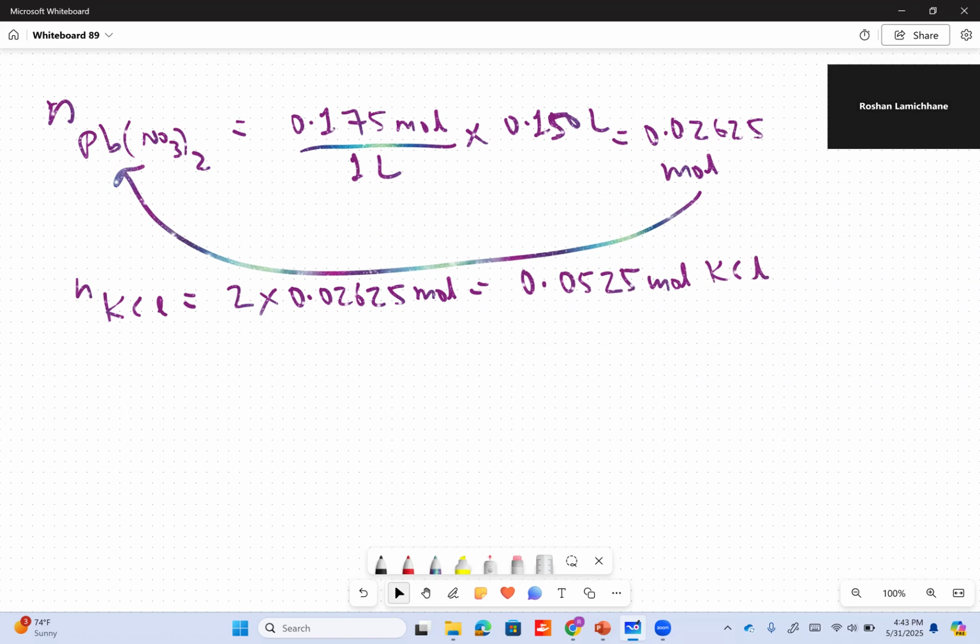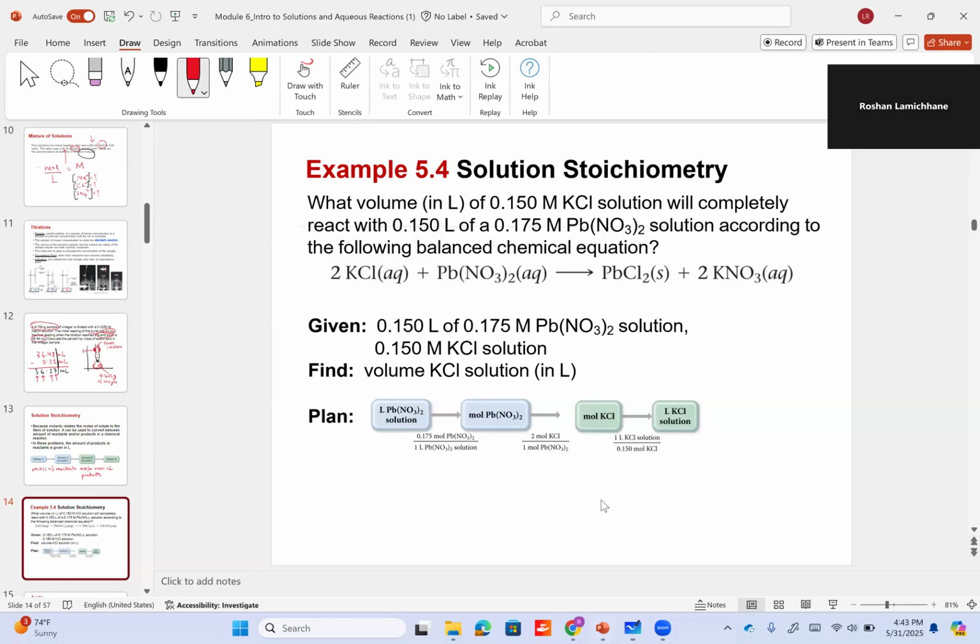Now, they have given me the molarity of KCl. If you look at this question, they told me that the KCl solution had a concentration of 0.150 molar, so I have that value, 0.150 moles per liter.